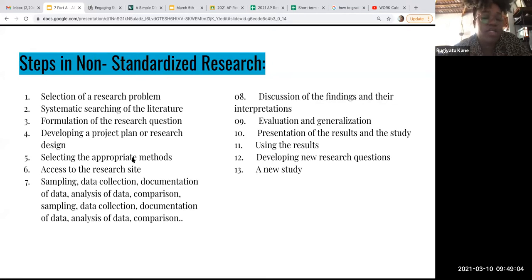And this is information that can be used to develop new questions and to engage in future or further research. So these steps, you kind of are doing this over and over again, and they're not all that linear. So some people are doing some steps at the same time as they're doing other steps, and it can be a little less standardized or linear than standardized research.